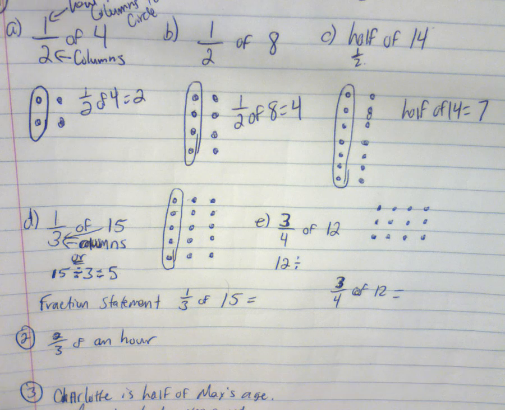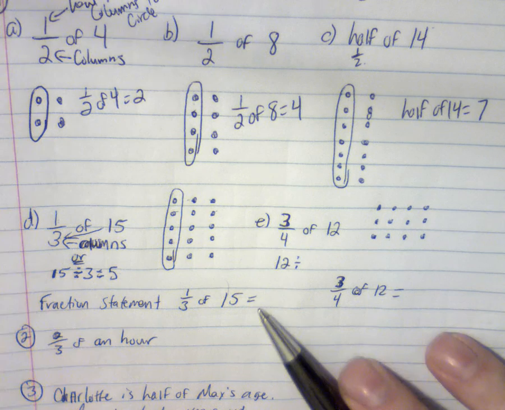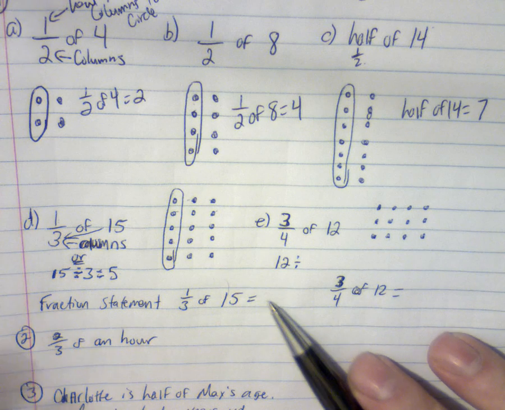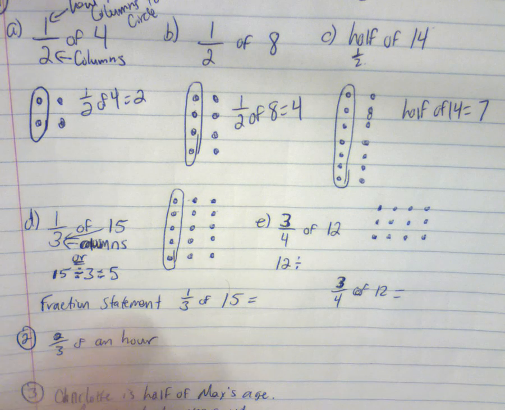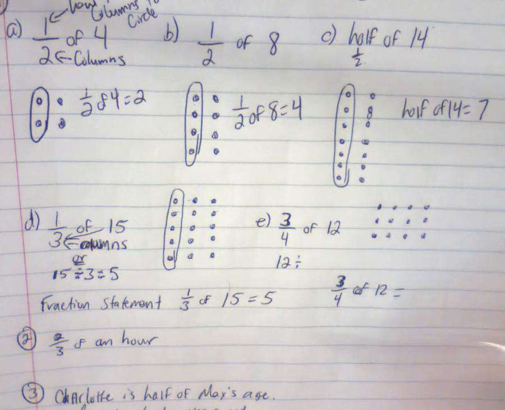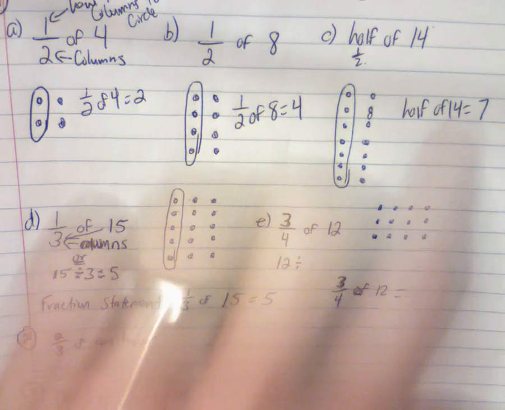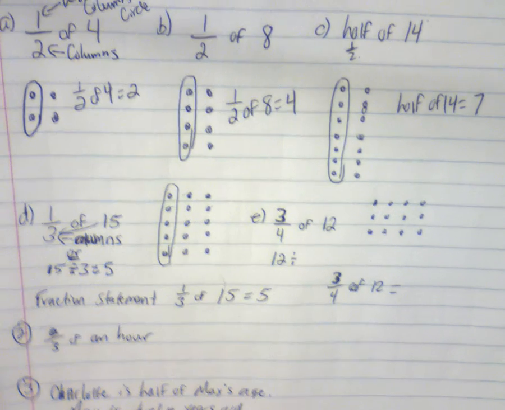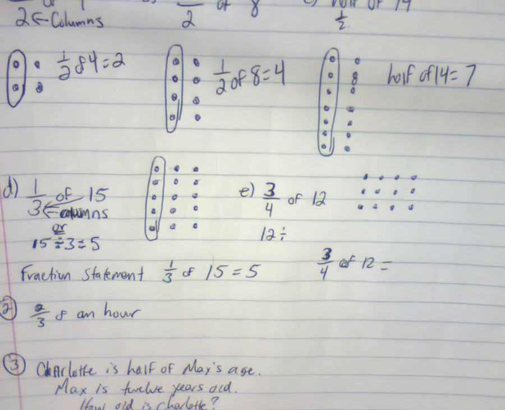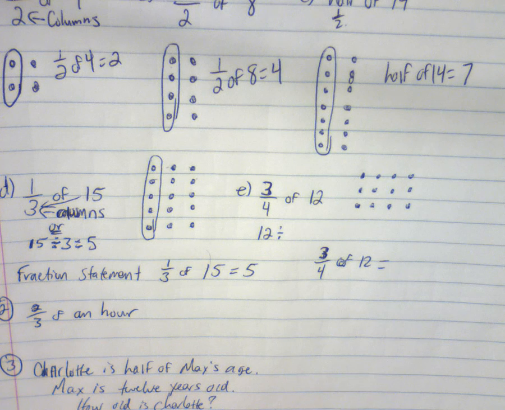So what you may also see is fraction statements. Pretty simply, 1/3 of 15 equals 5. That's all a fraction statement is. I've done fraction statements up here for you. We're basically just writing a sentence using the fraction, instead of words.